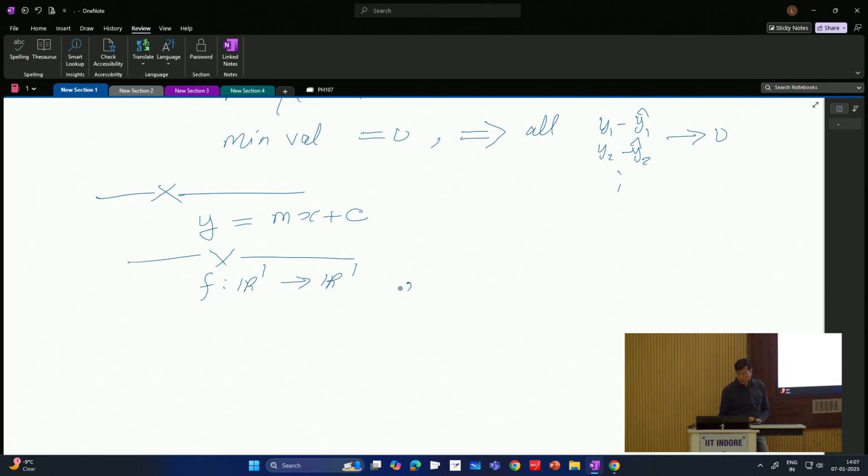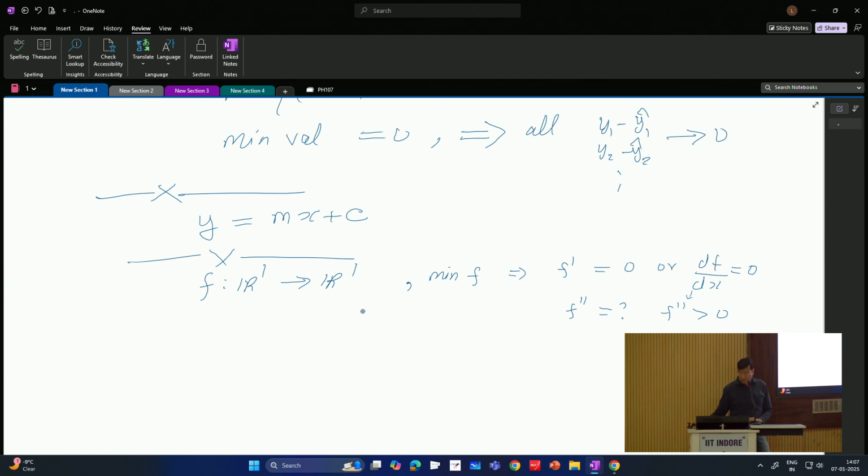To find the minimum value, we say f prime is equal to 0, or if f is a function of x, df over dx is equal to 0. This gives you the candidates for the minimizer. Then you find f double prime, and if f double prime at that particular point is greater than 0, you say yes, it has found a minimum. This comes from your basic calculus.